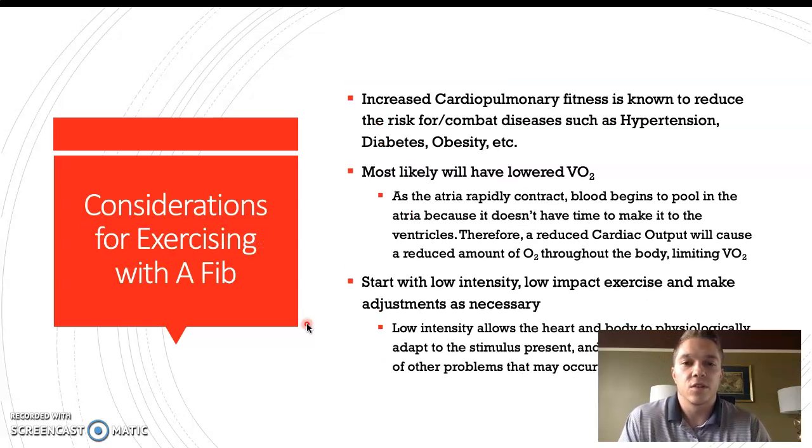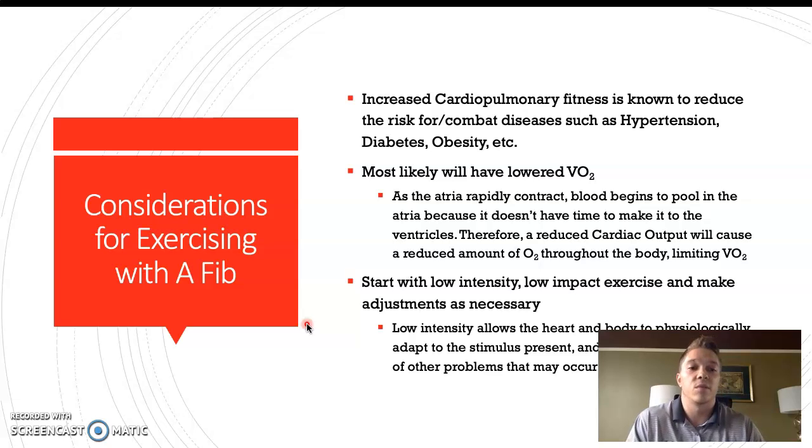Some other things to consider when exercising with atrial fibrillation. Cardiopulmonary fitness is known to reduce the risk of diseases such as hypertension, diabetes, and obesity. So with the AFib, cardio fitness is good because he has hypertension as it is, so we can lower that potential and possibly eliminate the hypertension. He's most likely to have a lower VO2, which again goes back to the cardiac output being much lower.